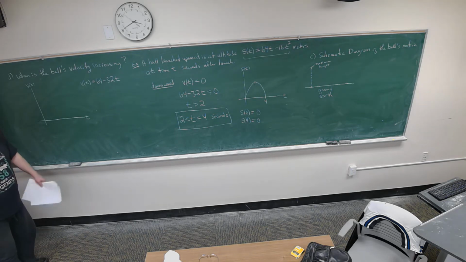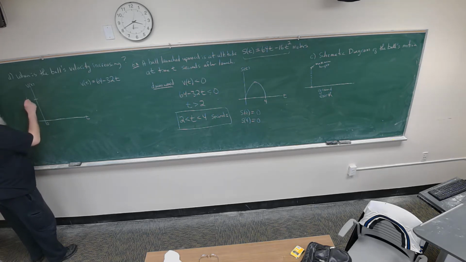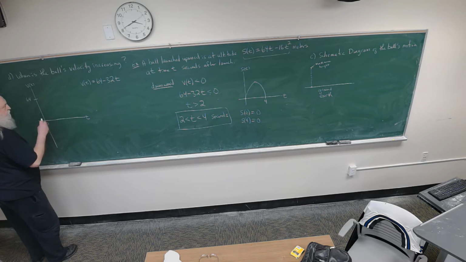And the graph of a linear function is a straight line, right? So here's t equals 0. And so the y-intercept is 64. And the velocity is 0 at t equals 2. So here's t equals 2.